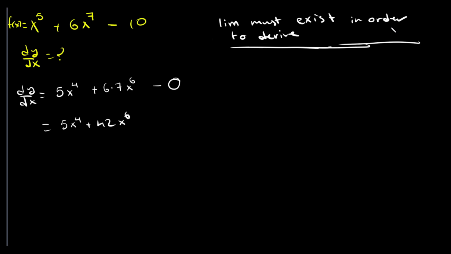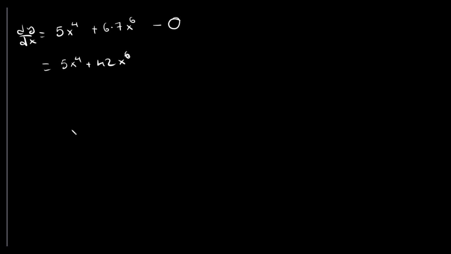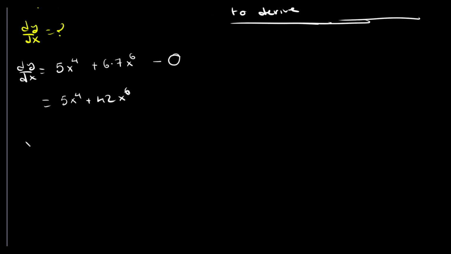Now let's see. Can I just write you the rules? All right. So let's just do it. What I have done right here is let's just take my dy dx for my first function. Let's just take f of x.